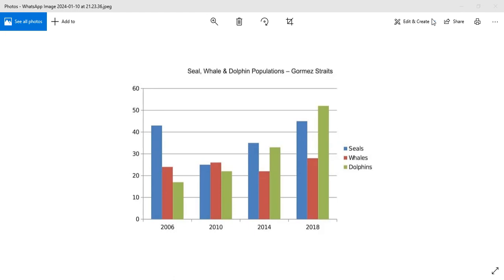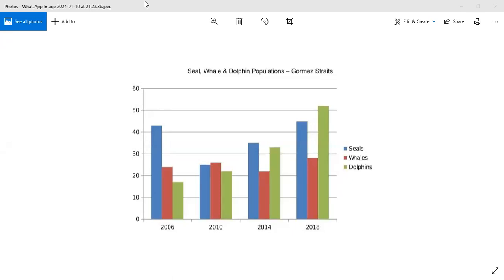In the last stage, in 2018, after 4 more years, seals have increased to about 45%, whales to 35%, and dolphins to 52%. So overall, in the 12 years, we can see the seals have increased around 2 to 4%.